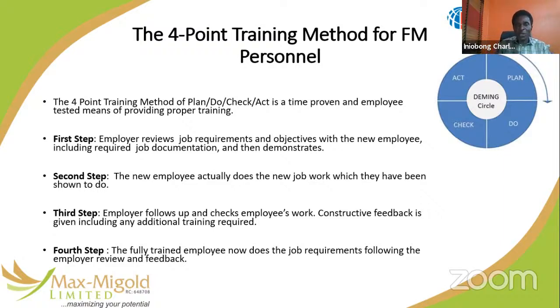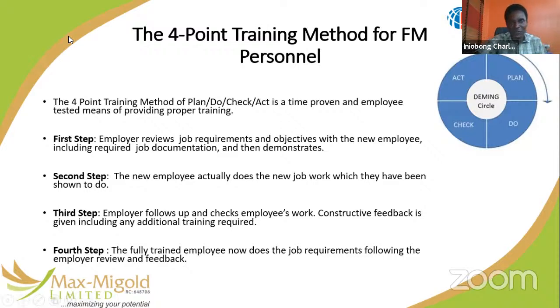Like I said, you cannot be custodian of the entire knowledge area in FM. Your work is to coordinate the technician, the electrical engineer, the civil engineer, the mechanical engineer. You coordinate them to deliver for you. So to do this, you also need to train those that are under you, show them how to do the work, and also follow up to ensure that they do the work, get feedback from them.